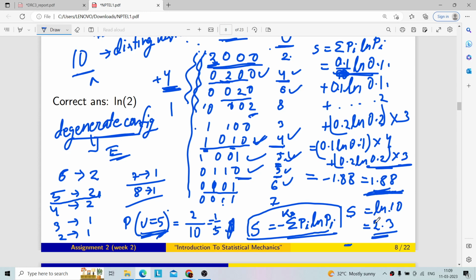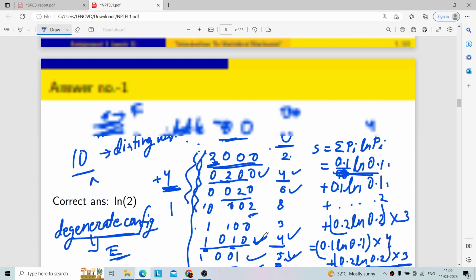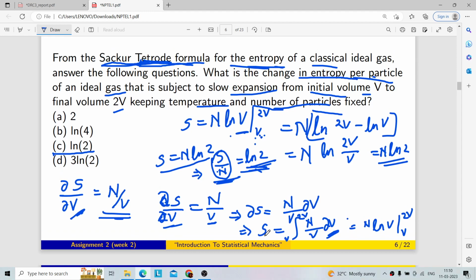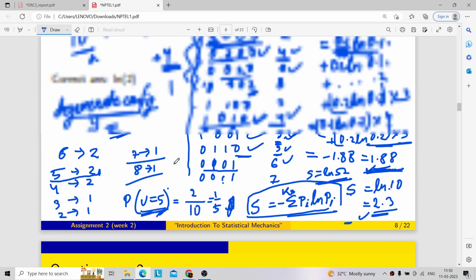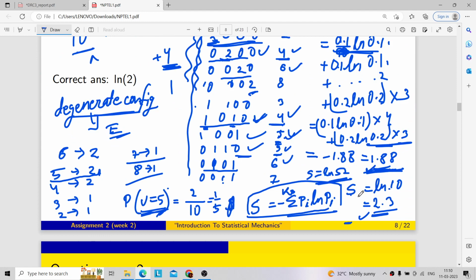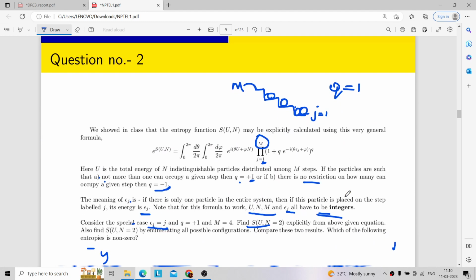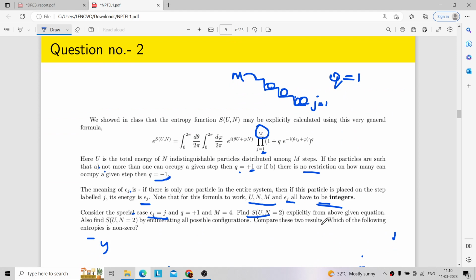As the number goes high, we'll get numbers very close to each other, but they are very different formulas. They are describing entropy. According to Boltzmann, the entropy is like this, and by enumerating you can get entropy in this probability form. They are very close to each other. We computed them, and both of them are non-zero, right?